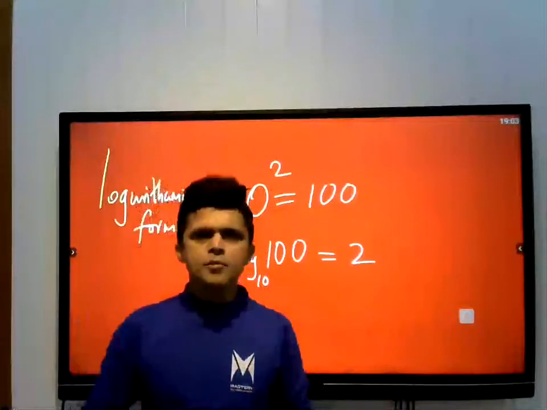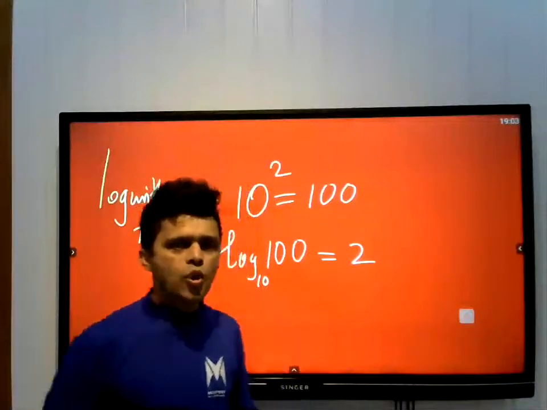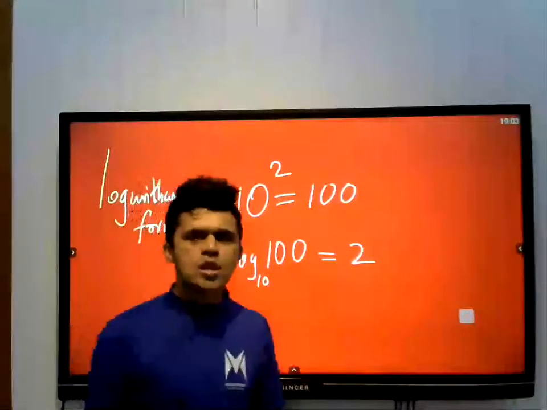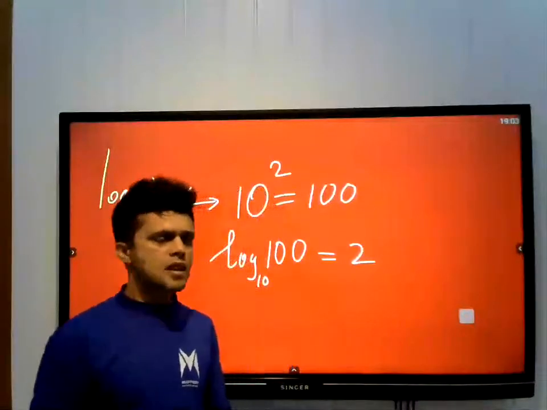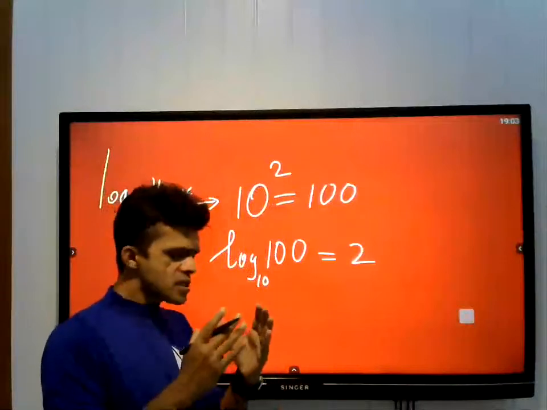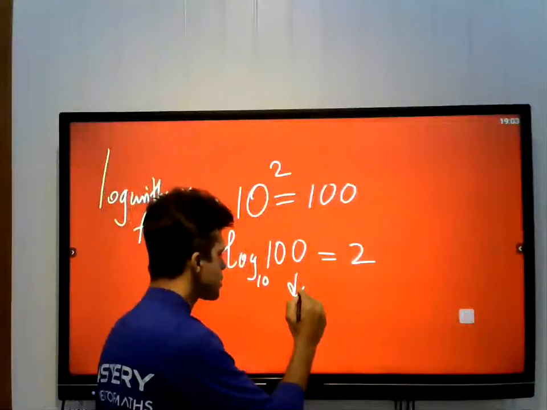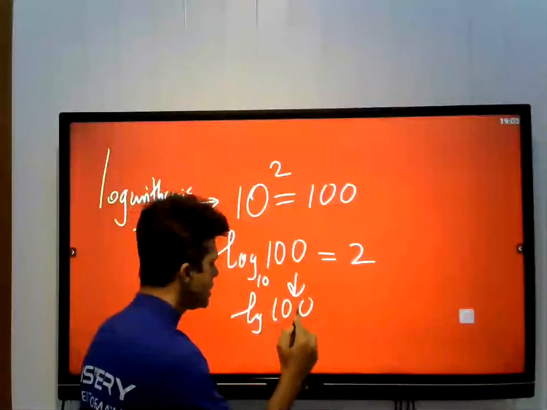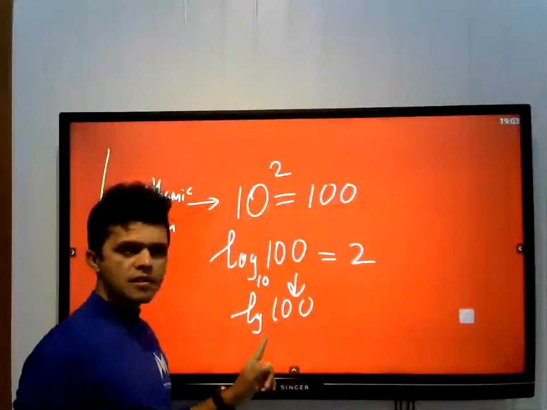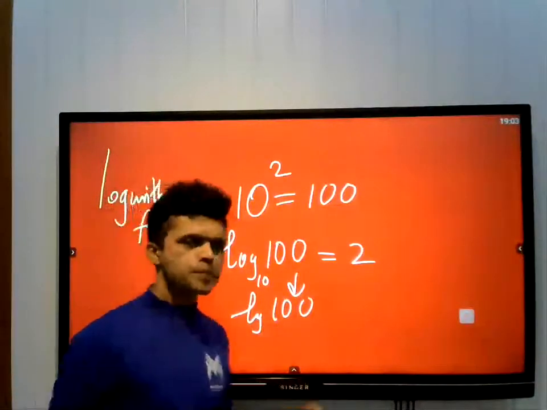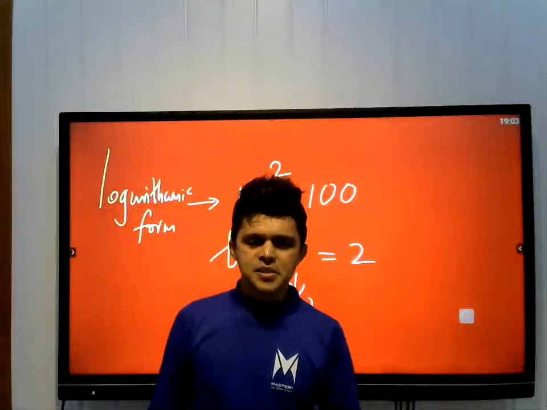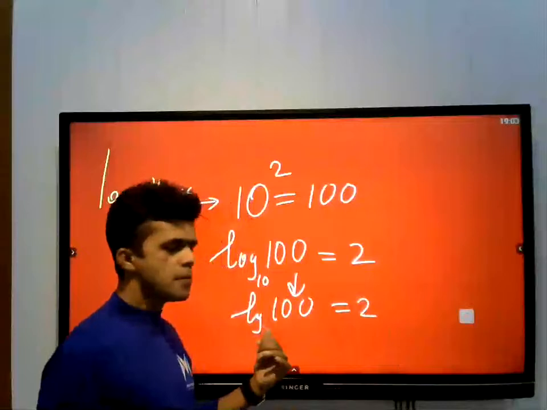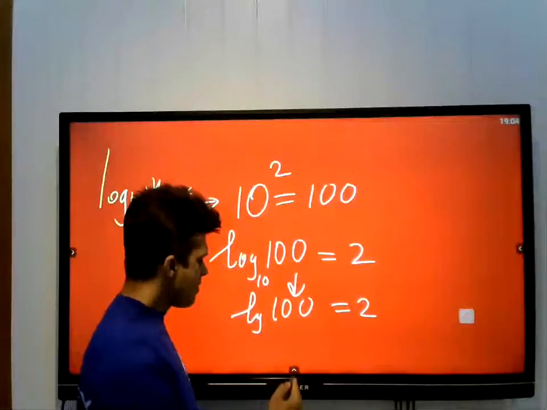Log 100 to base 10 equals 2. It can also be written as lg 100 equals 2 if the base is 10; we do not usually express the base here. So log 100 equals 2 means the base is 10.